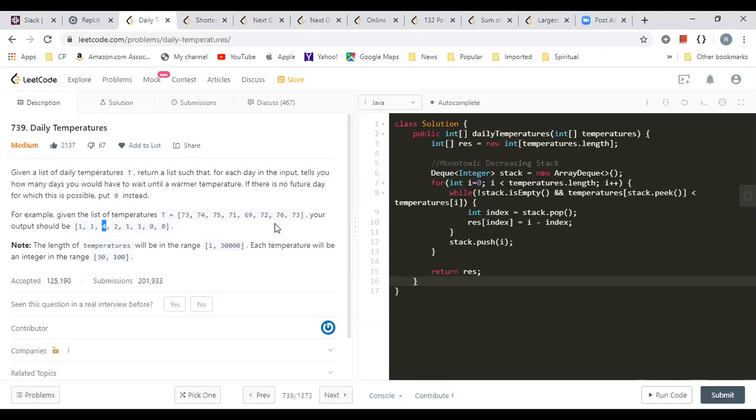So what you are looking for is the first day towards your right which is larger than you. We can say first larger to right, right? So we will maintain a decreasing stack.